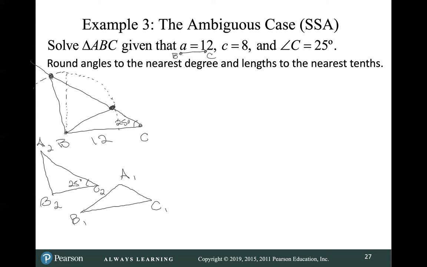That hasn't changed. We know that side A is 12 units long. That hasn't changed. And we know that side B is 8 units long. That hasn't changed. I'm going to go ahead and draw this a little bit further away. I think that will make it a little bit easier. This was C2.